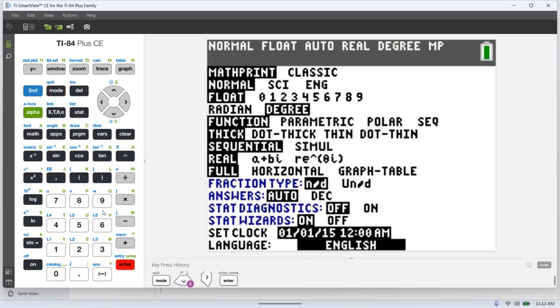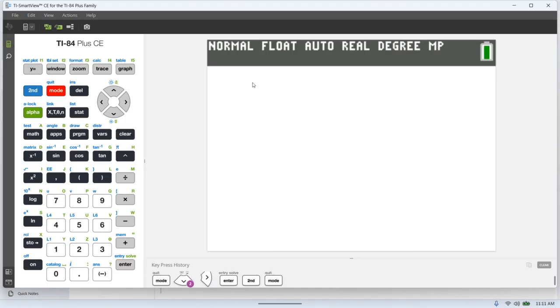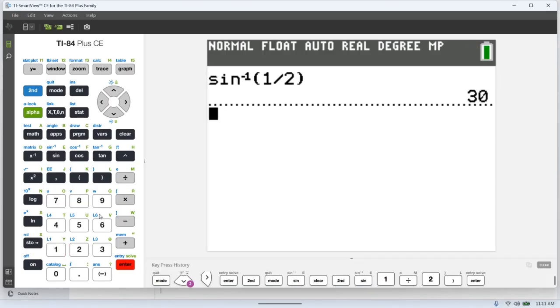You need to press enter. Right? And now notice it says degree, so second mode to quit. And now if you type in sine inverse, so that's second sine, of 1/2 or 6/12, if you don't reduce it, you'll still get the same answer. And notice that we do in fact get the 30 degrees.